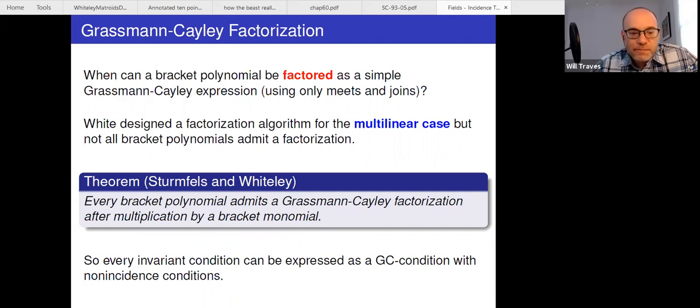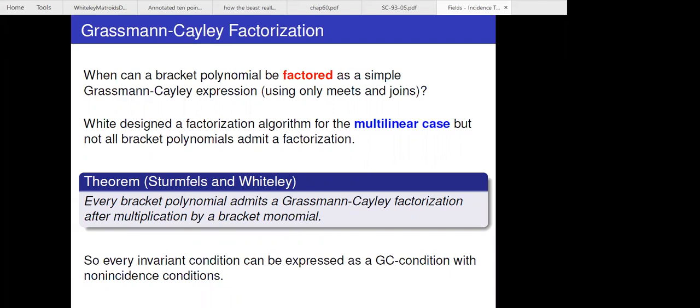that's the interpretation. Could it be the case, let's say you do have to multiply by a bracket monomial, that some configurations that you've now pulled away by multiplying by that bracket monomial are ones where the original relation actually holds and it's okay?